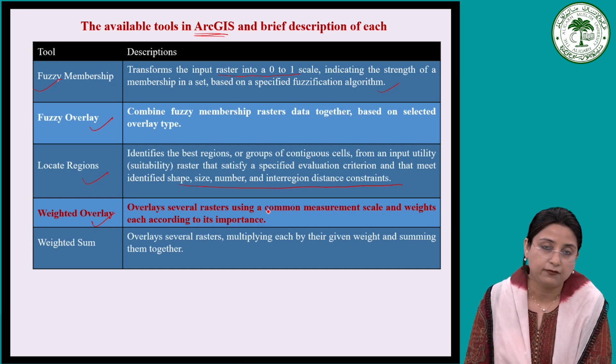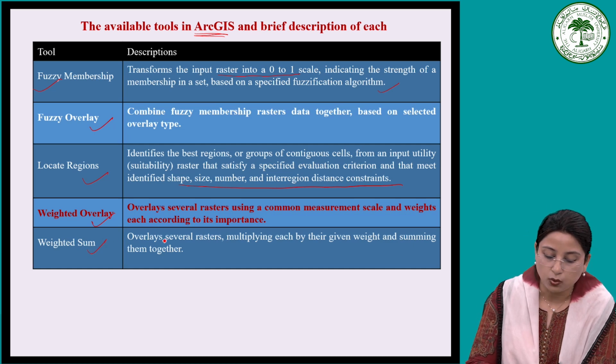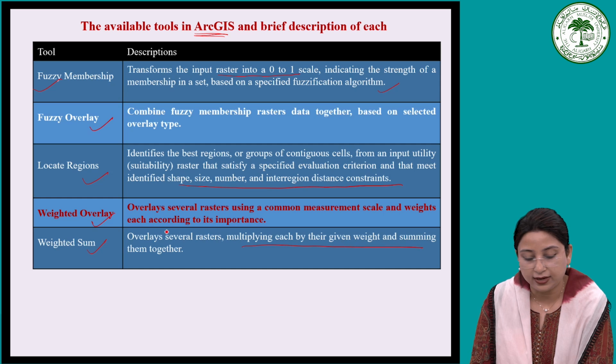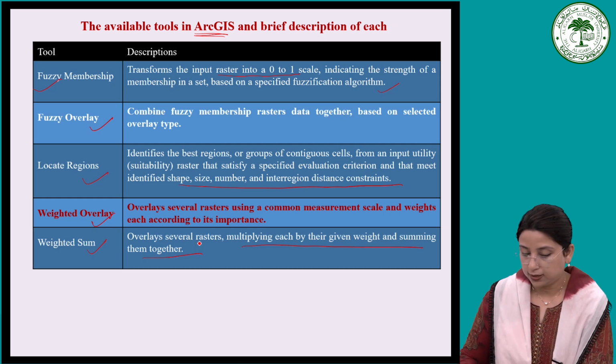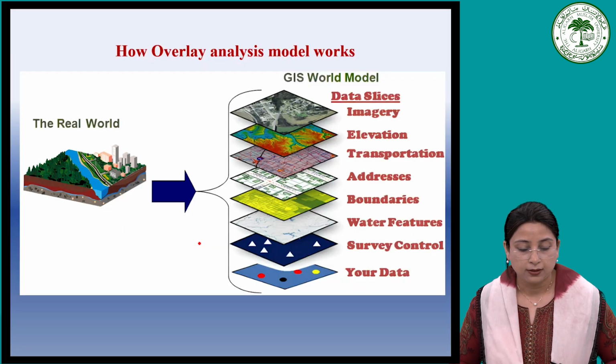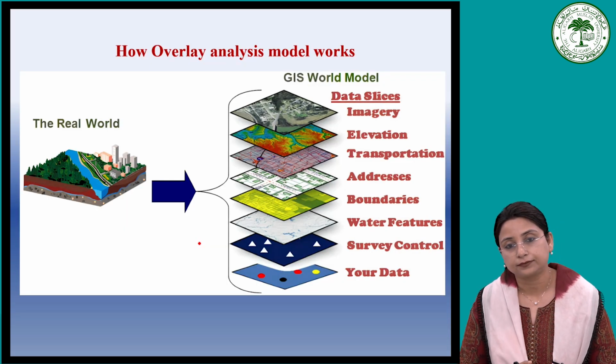Then coming to the weighted sum, it overlays several rasters, multiplies each by its given weight, and sums them together. So these are a few of the tools with their descriptions that we have discussed.